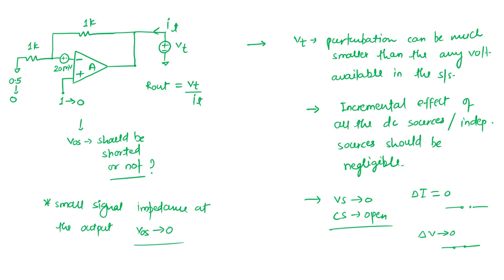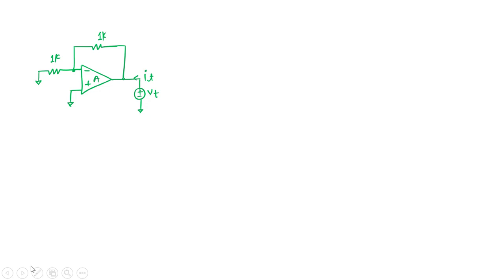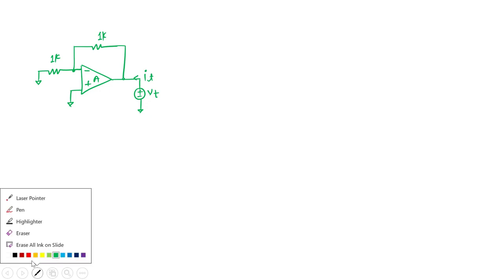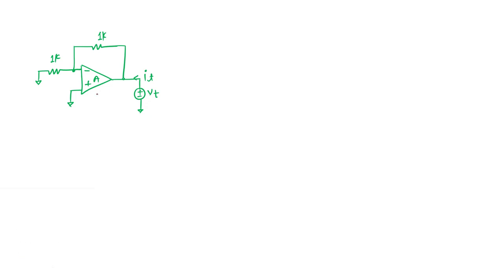Okay, so this is what I want to tell you here. Now if you want to see from that perspective, where will this current go? Let's consider the difference voltage. Ideally this A would be infinite, but I'm considering the gain A, and I want to see the exact calculation.